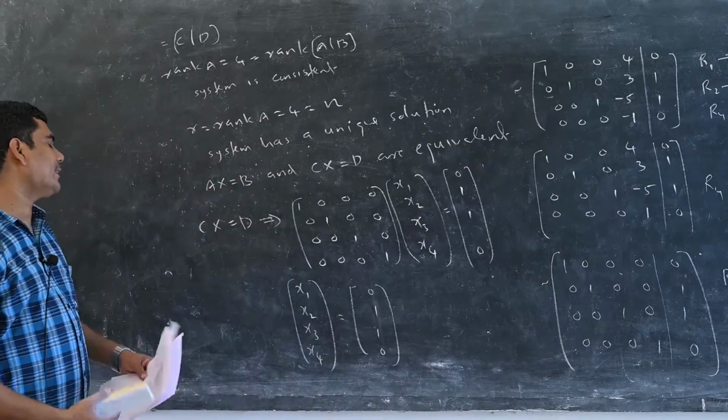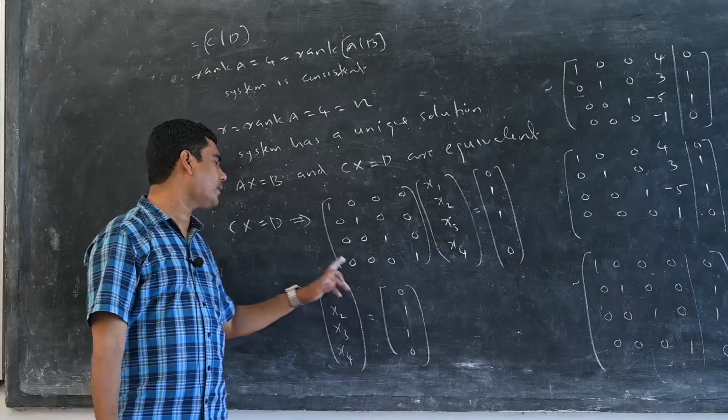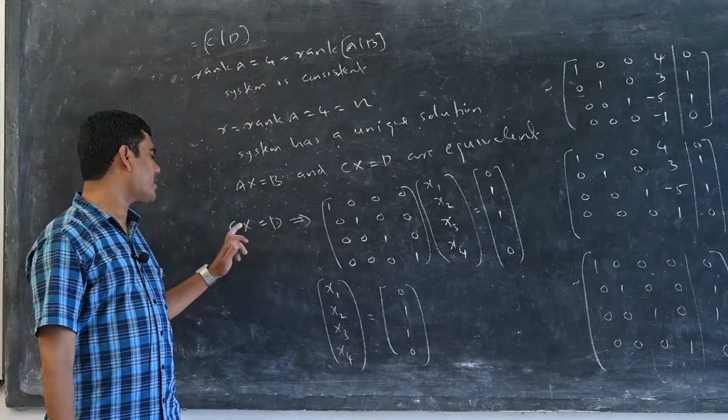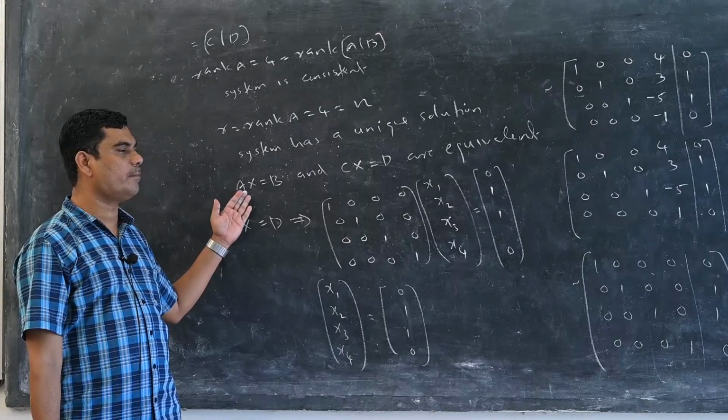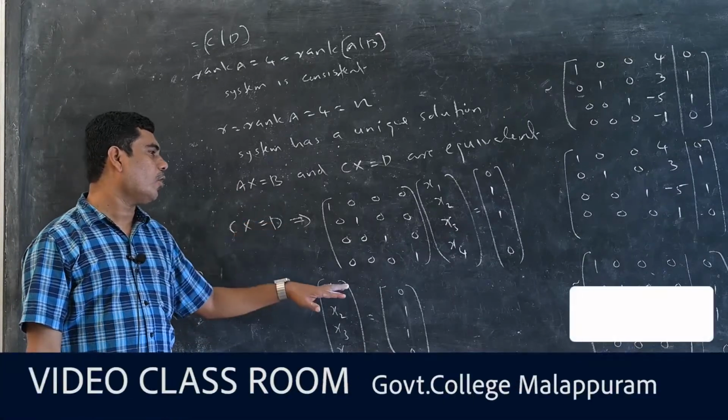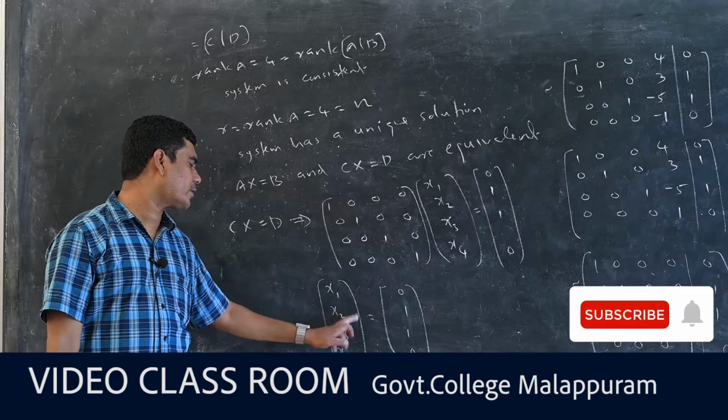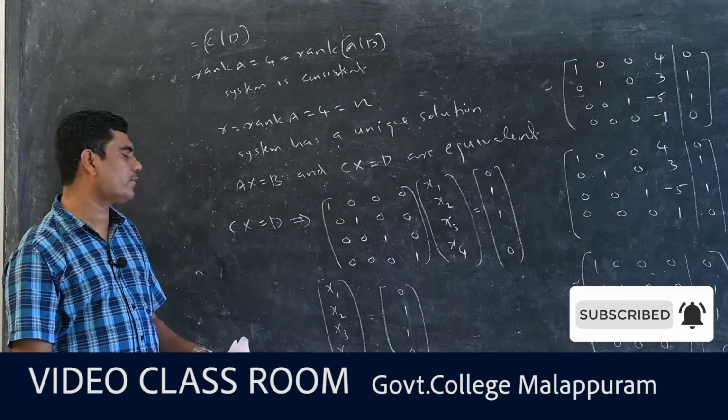So this is the solution of the matrix equation Cx equal to D. So it is the solution of the matrix equation Ax equal to B. They are equivalent. So x1 is equal to 0, x2 is equal to 1, x3 is equal to 1, x4 is equal to 0.